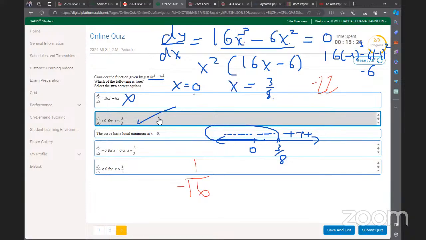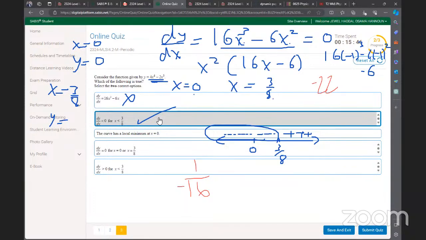Okay, so first, when you substitute x by 0, the answer will be 0. So here we have 0 when x equals 0. Let's see y when x equals 3 over 8. Tell me.